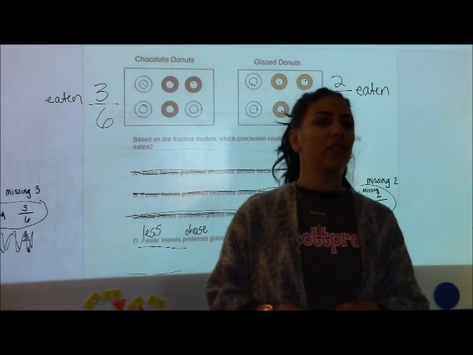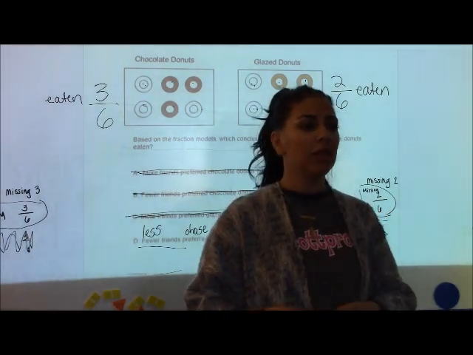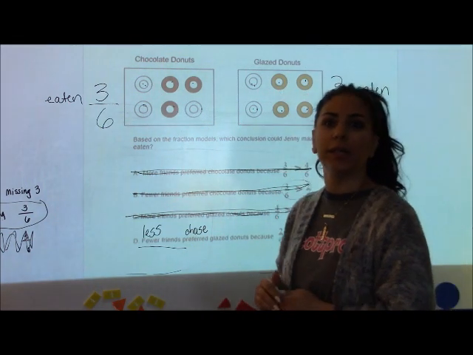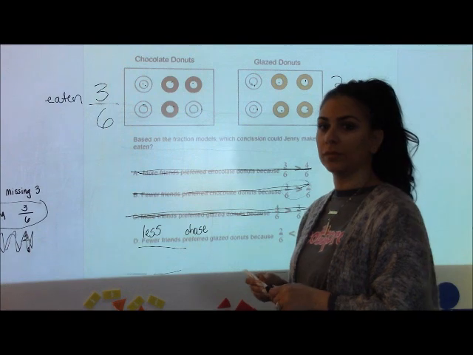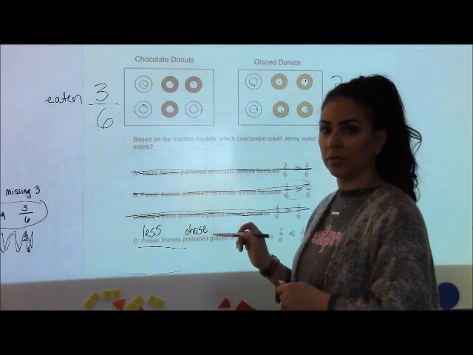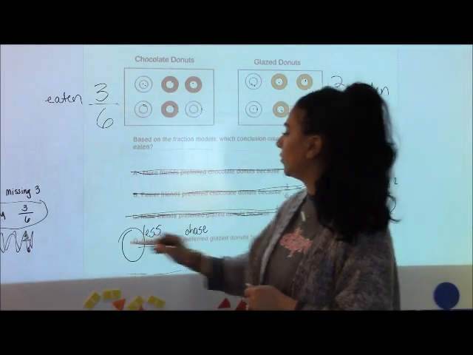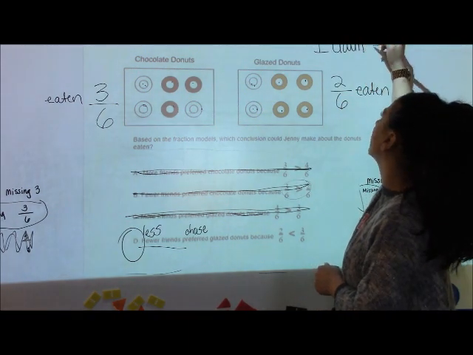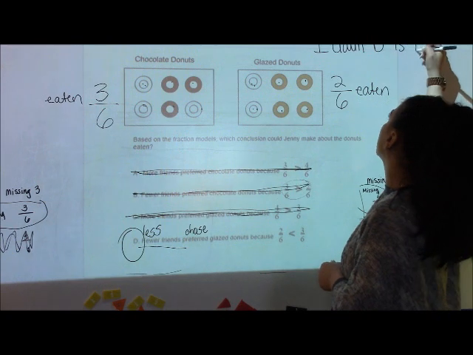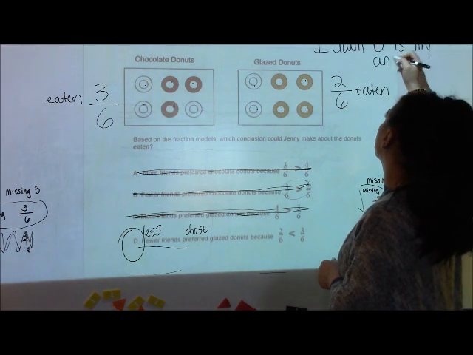All right, if I can get everyone back with me. Alana, tell me what was your claim, evidence, and reasoning, you or your partners. I think my answer is B. Okay. I'm still listening.